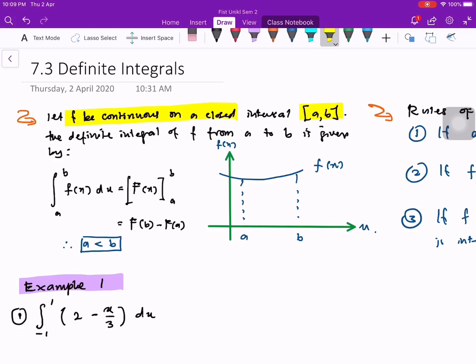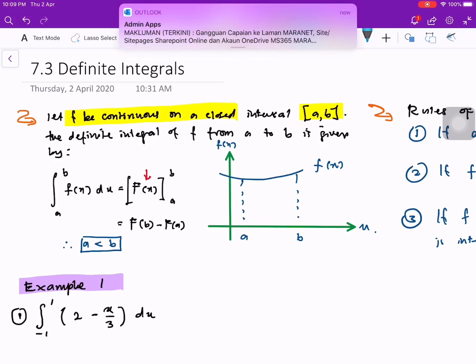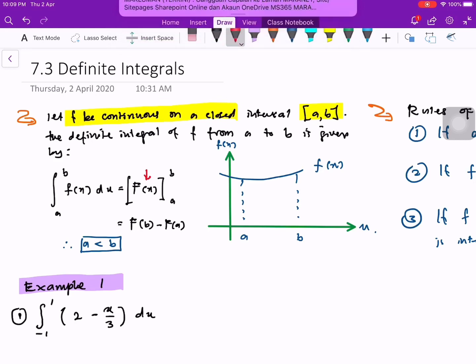Okay, then we're supposed to have capital F, which means the antiderivative. The capital F is denoted for antiderivative, which means it is integrated from the function of f. Now we don't have a plus arbitrary constant anymore because we have limits from a to b.